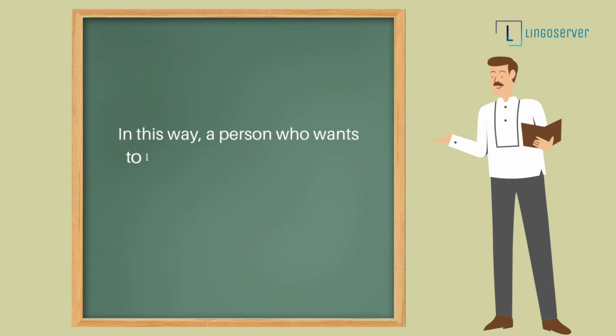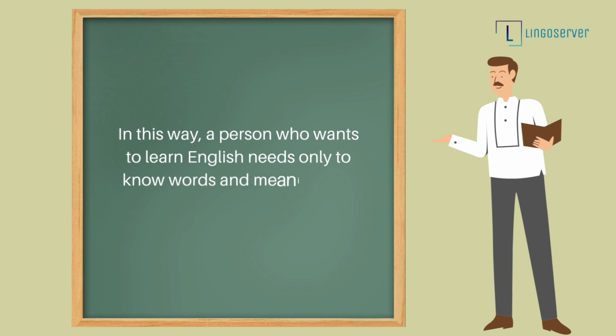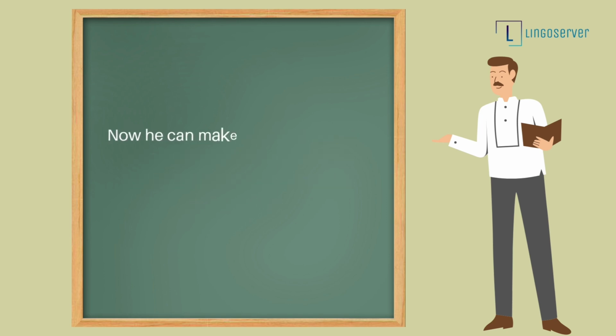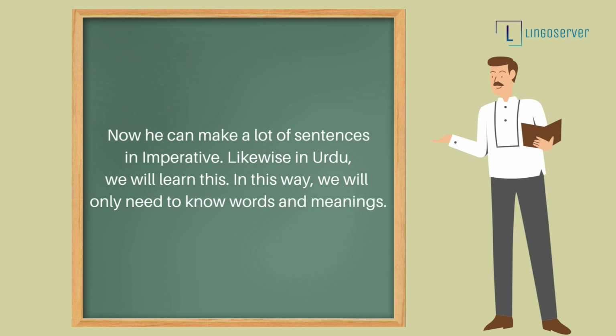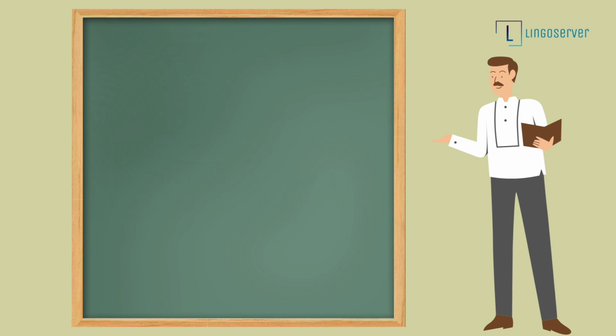In this way, a person who wants to learn English needs only to know the words and meaning and just practice. Now, he can make a lot of sentences in imperative. Likewise, in Urdu, we will learn this. In this way, we will only need to know the words and meanings.